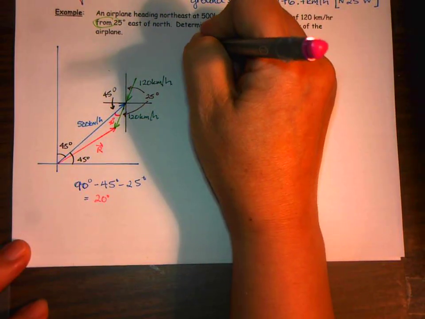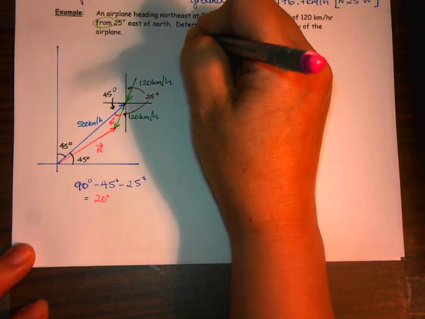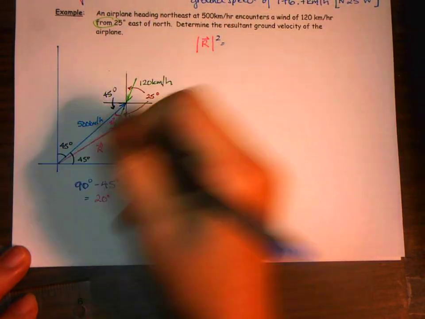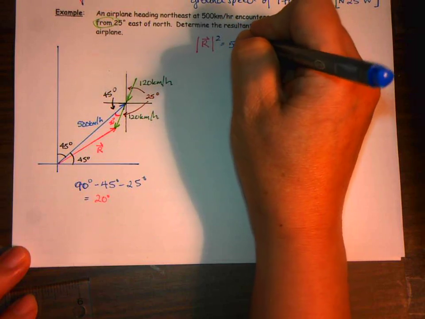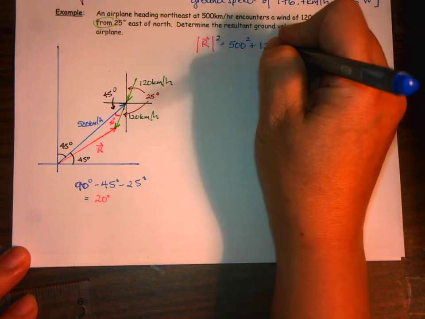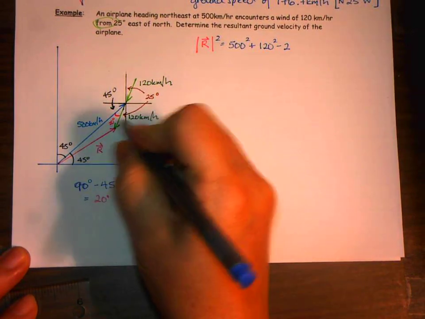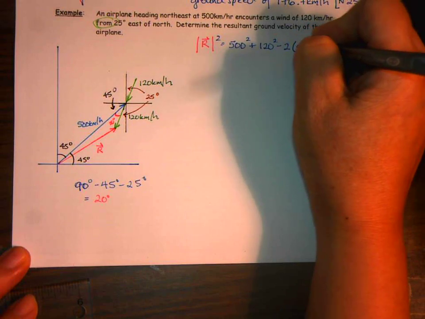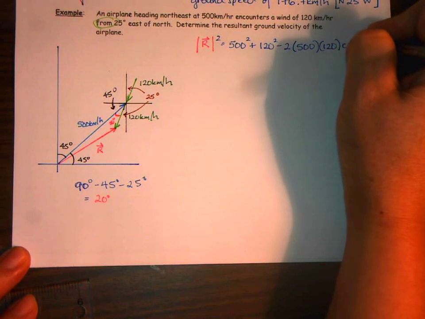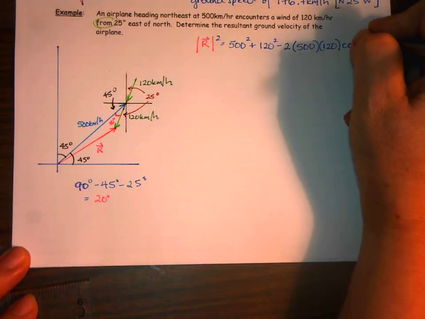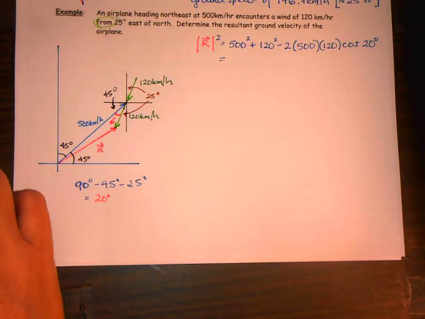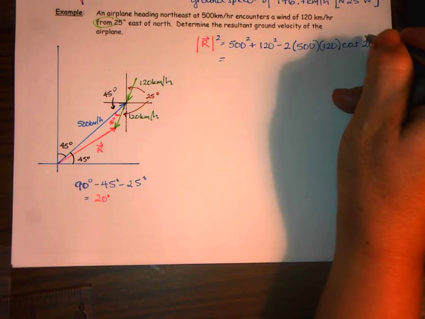So then the magnitude of the resultant r squared must be equal to 500 squared plus 120 squared minus 2 times 500 times 120 multiplied by the cosine of this angle here, which is 20 degrees. When you're working this out, remember that you must do the cosine of 20 degrees first.